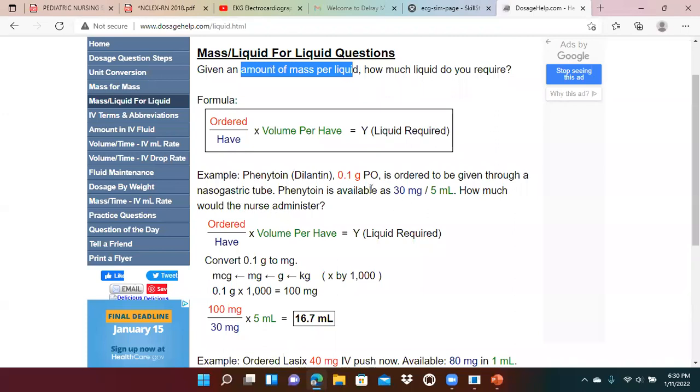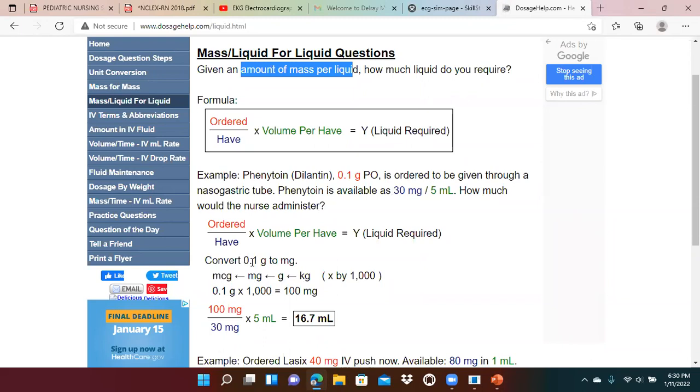So here's something important you have to know. Phenytoin is available as 30 milligram and the doctor's order is 0.1 gram. So the gram unit we need to convert to milligram. So how to convert gram to milligram? To convert 0.1 gram to milligram, the formula says kilogram converts to gram, gram converts to milligram, and milligram converts to microgram.